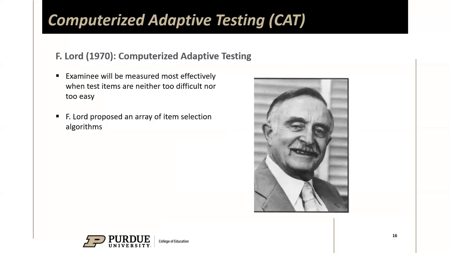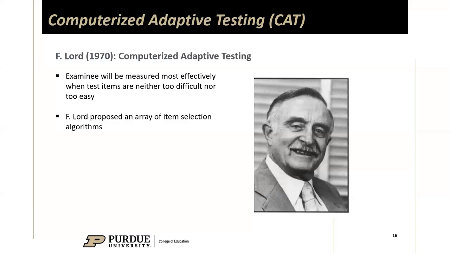And in our field, Fred Lord, who is a founder of item response theory, proposed how to measure students most effectively. He said that an examinee will be measured most effectively when test items are neither too difficult nor too easy. What does that mean? If students can answer all the items correctly, actually you receive no information.